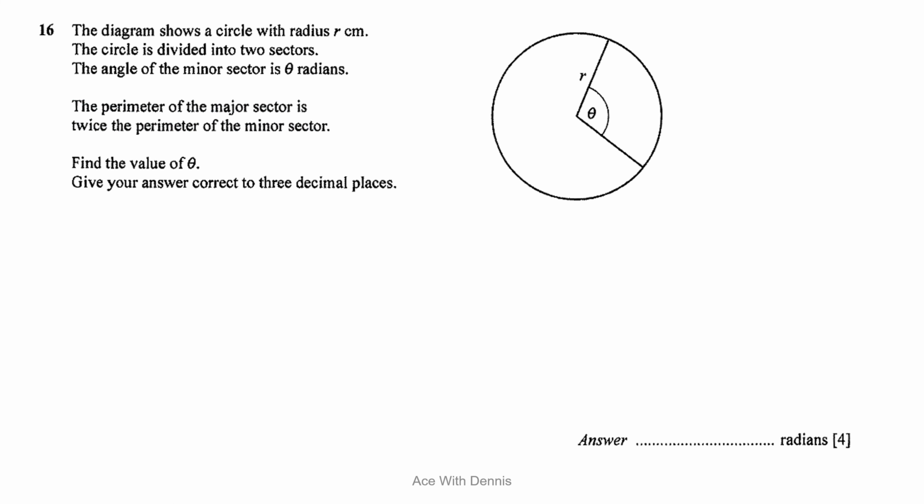4 marks. So let's label this angle as the angle of the major sector, and it is 2 pi minus theta. Hence, to find the perimeter of major sector, it is equal to 2 pi minus theta r, which is the arc length, plus 2 radius, so 2r.